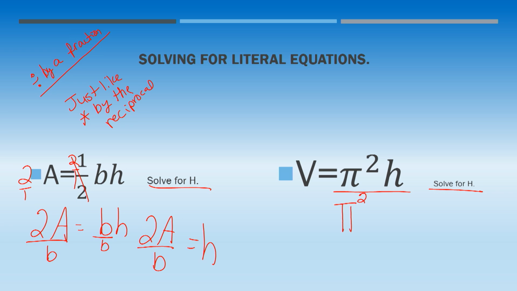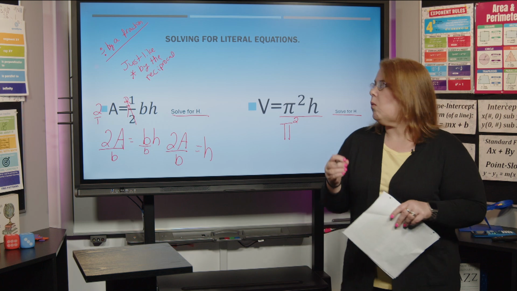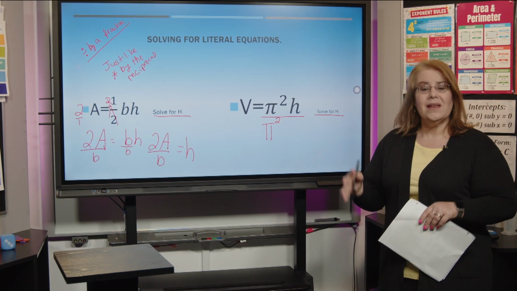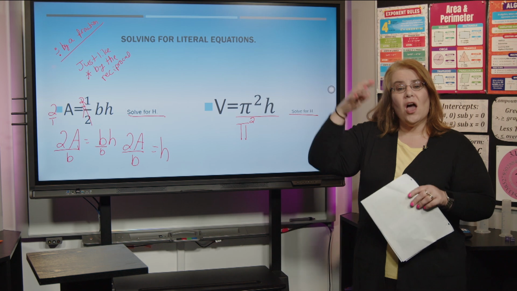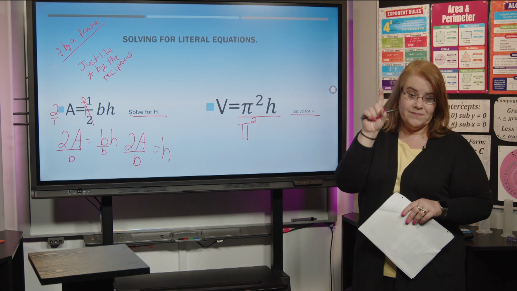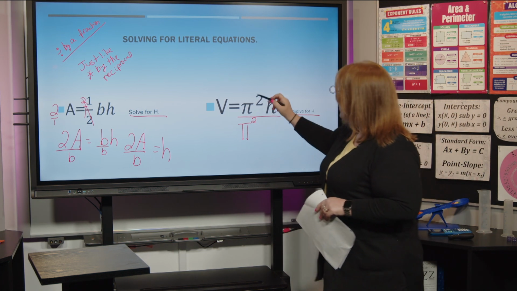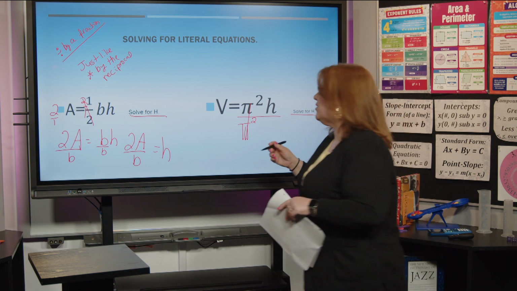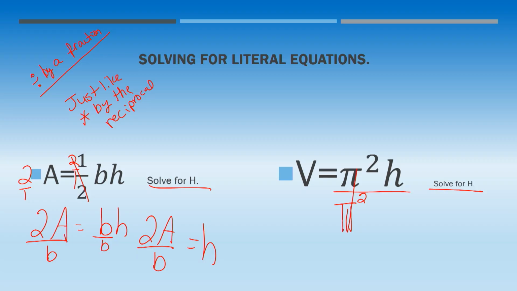Wait a minute, Ms. Killen. You're telling me that we can divide by pi r squared with an exponent? Yes, because anything over itself equals what? It equals 1. So these two cancel out right there. It's just a 1. So let's continue. Since I divided by pi r squared on one side, I'm going to divide by pi r squared on the other.